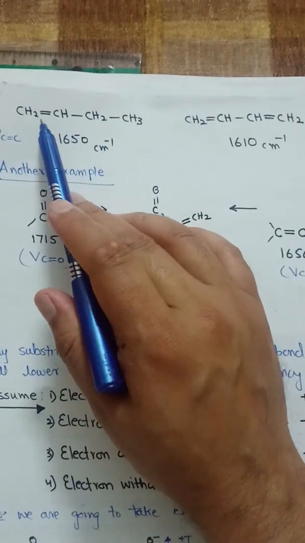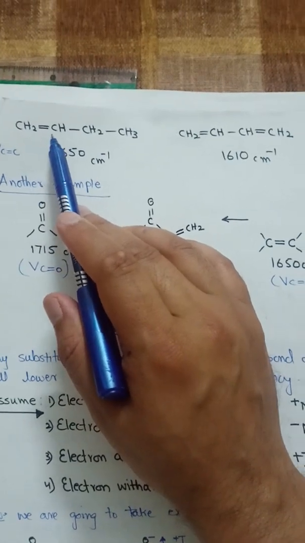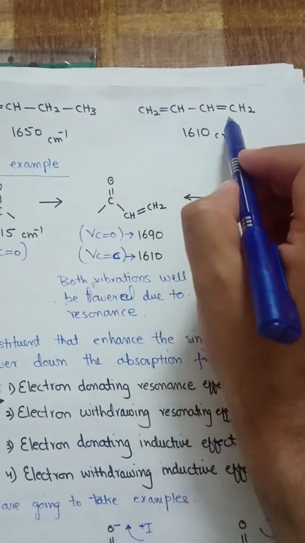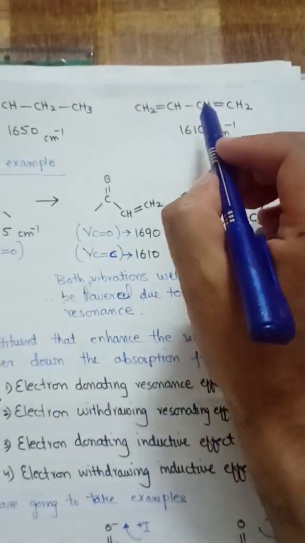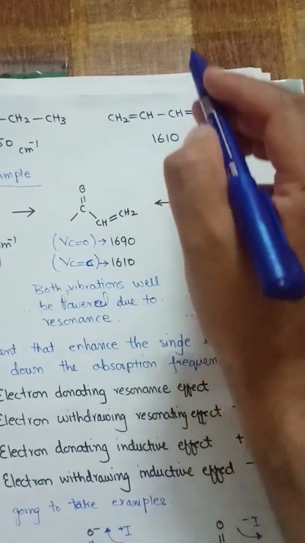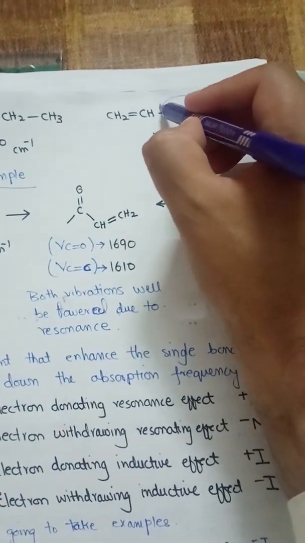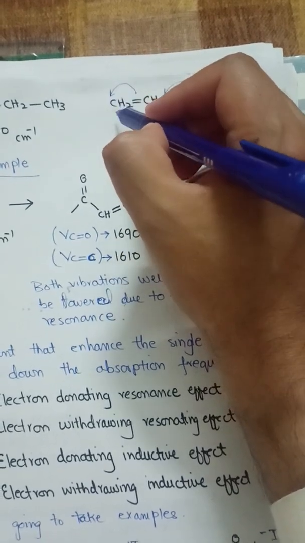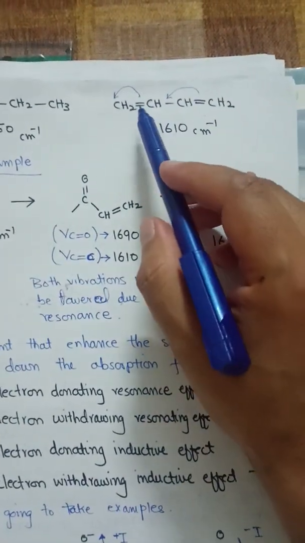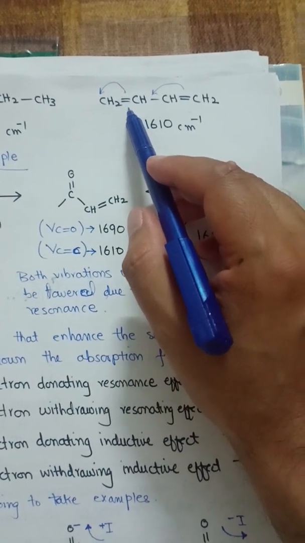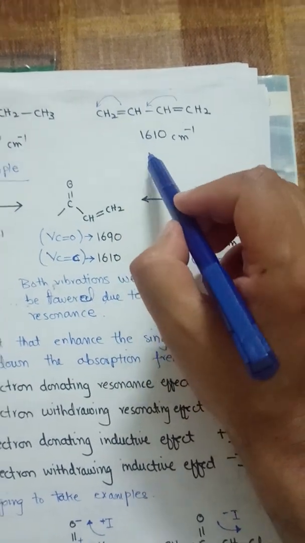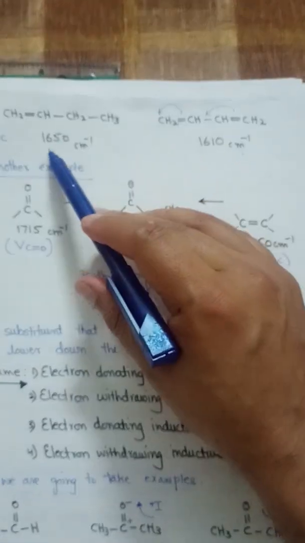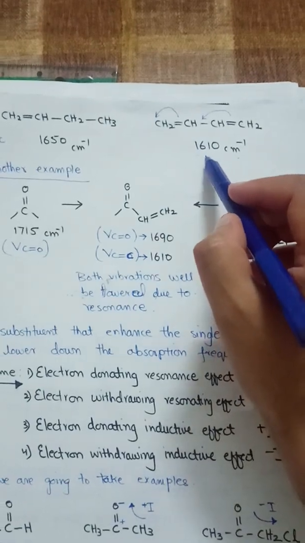If this double bond is now in connection with a conjugation system, the electrons can be shifted here, so it will increase the single bond character as compared to the double bond character of this C=C stretching. So in this case the absorption frequency decreases, from 1650 per centimeter to 1610 per centimeter.